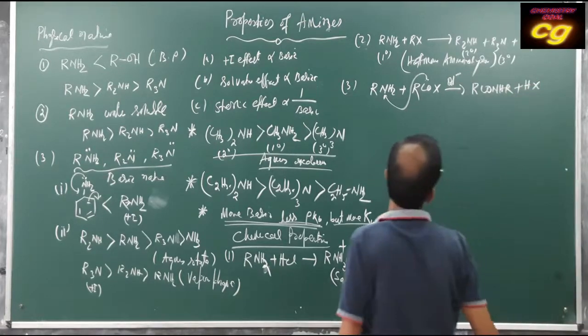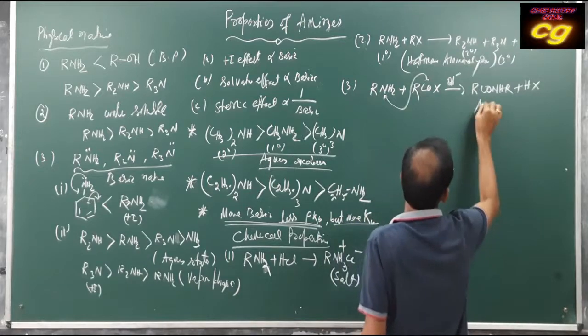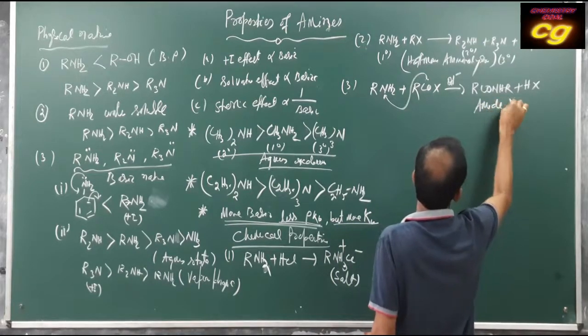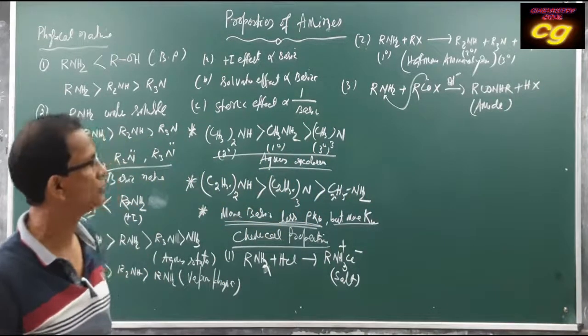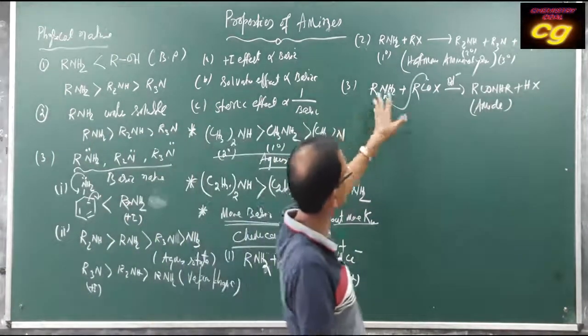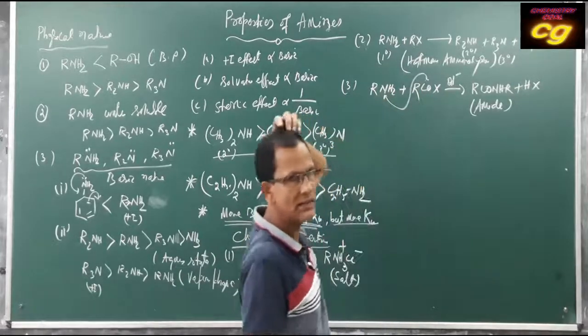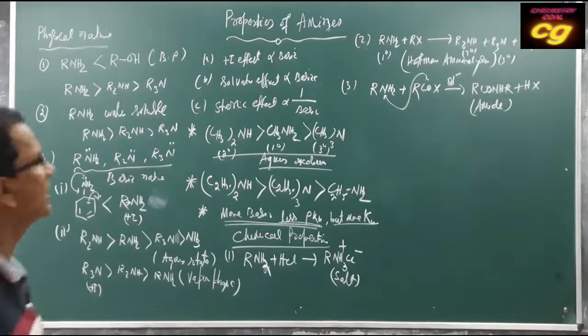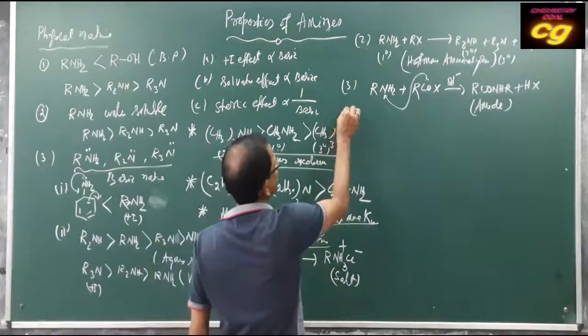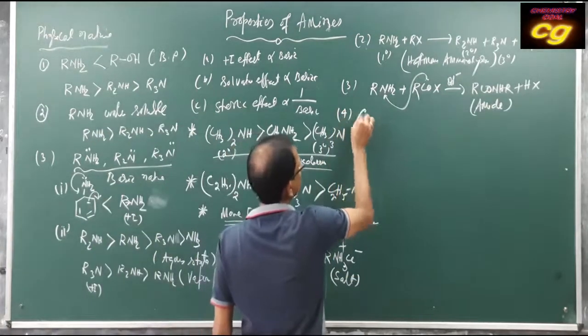This is amide. Amine becomes amide derivative. So this is a very important reaction of amines with acid halide, acid anhydride. Both reactions take place.